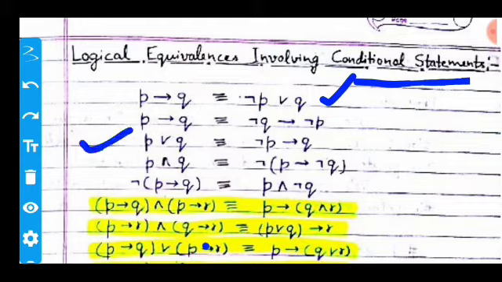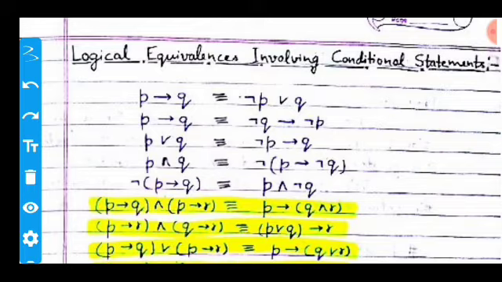P or Q is logically equivalent to not P implies Q. P and Q is logically equivalent to not (P implies not Q). Now the negation of a conditional statement is equivalent to P and not Q.